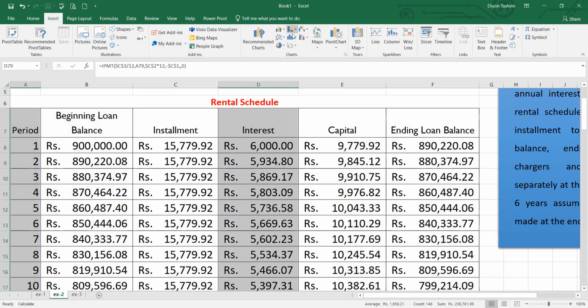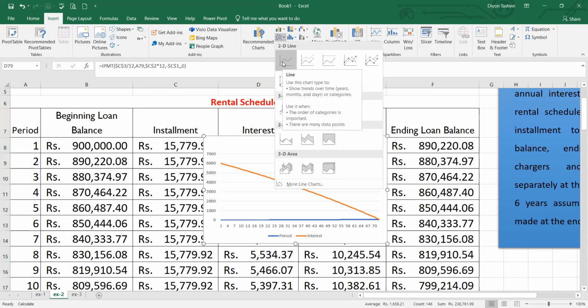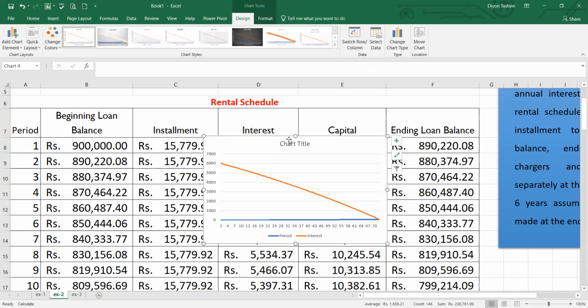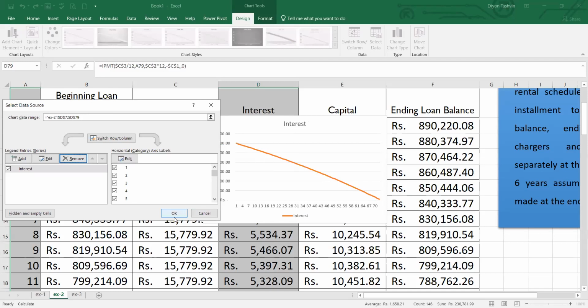Now again, I'm going to charts. So I'm going to remove the period amount, the interest amount.